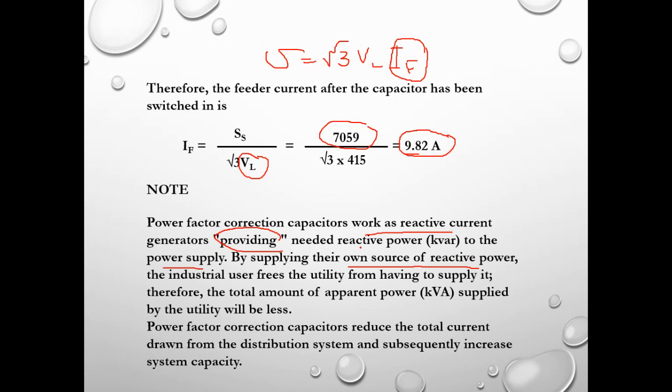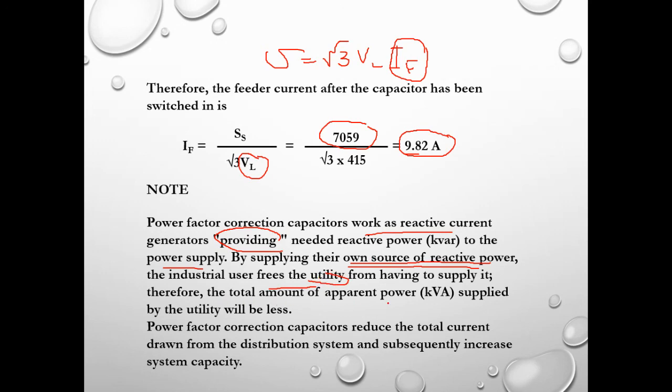But in this particular example, we switch in their own source of reactive power, which is coming from the capacitor bank. So the industrial user frees the utility from having to supply it. The reactive power is now not supplied by the utility itself, it's coming from the capacitor.